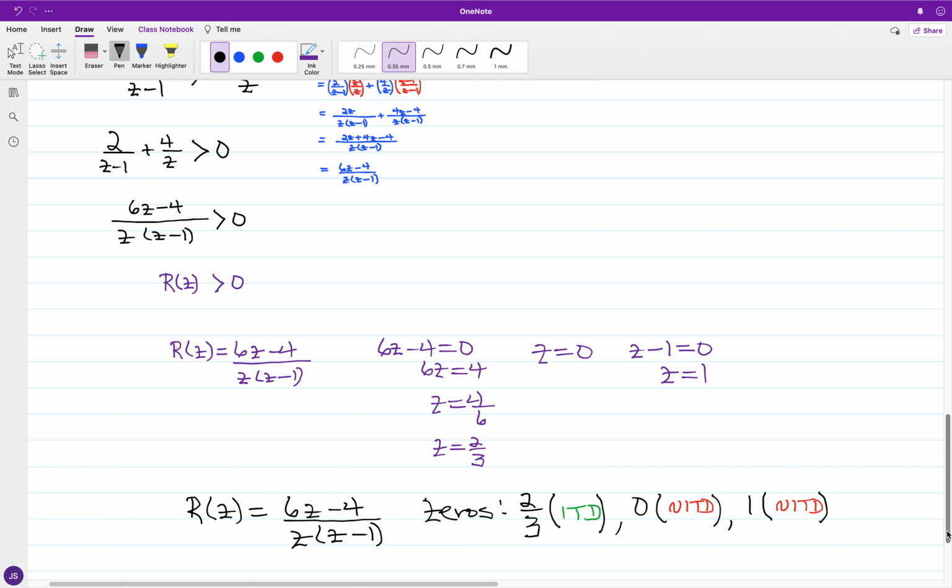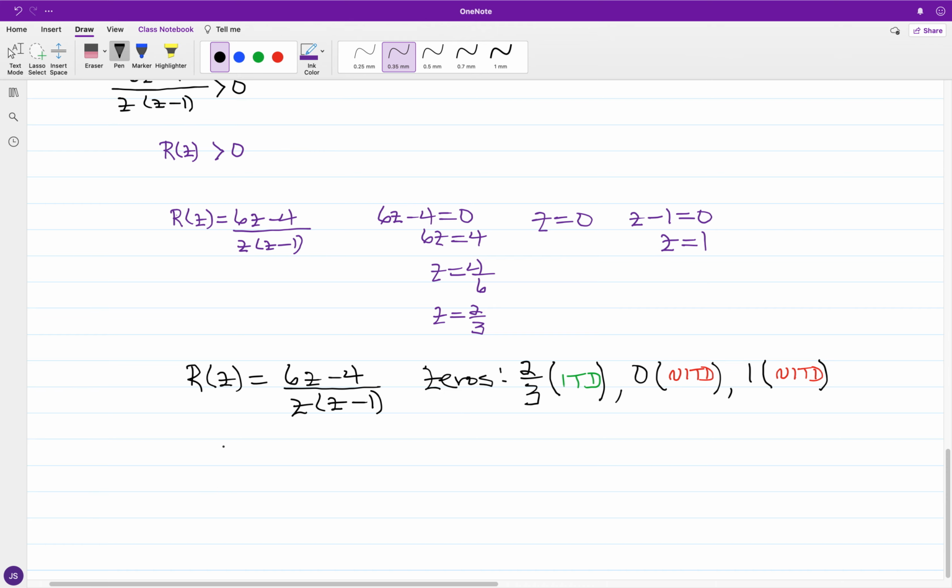All right, so just setting up a table of intervals. Among the zeros, the smallest happens to be 0. So the first interval is between negative infinity and 0.